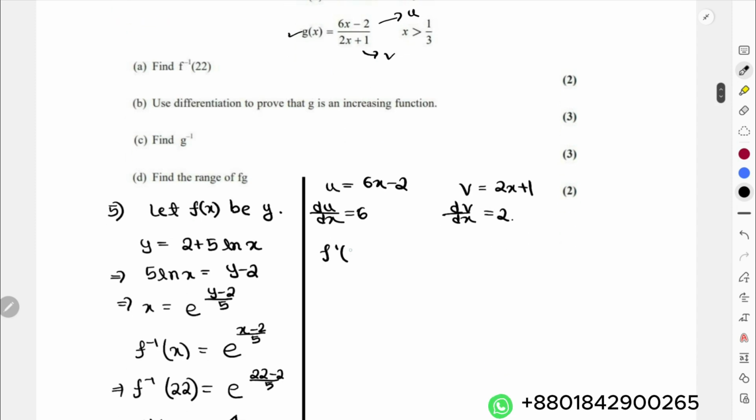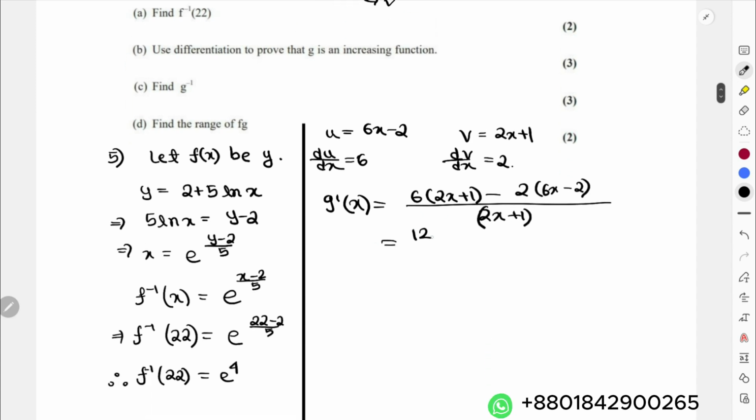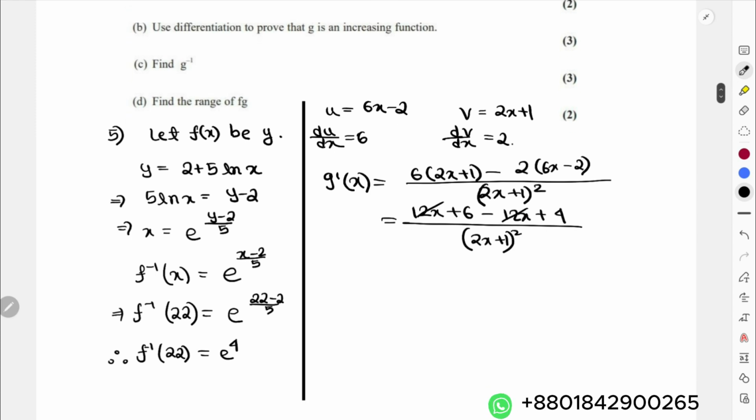Now your g prime x is v du by dx, so that's 6(2x plus 1), minus u dv by dx, 2(6x minus 2), divided by (2x plus 1) squared. After this, if you simplify, you get 12x plus 6 minus 12x plus 4 over (2x plus 1) whole square. 12x cancels out, 6 plus 4 is just going to be 10. So you get 10 over (2x plus 1) whole square, right?